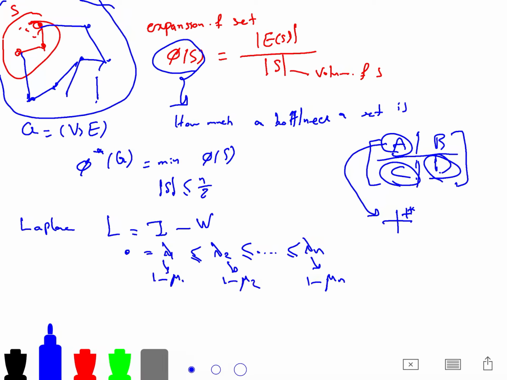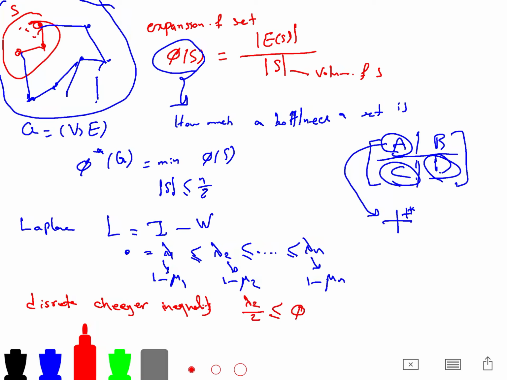Now the eigenvalues are almost the same, so it is just reversed. And the point I want to make is the discrete Cheeger inequality, lambda 2 over 2.